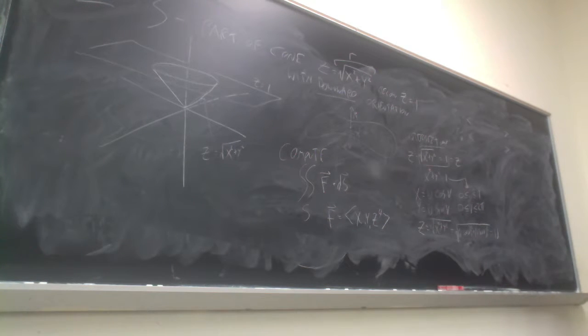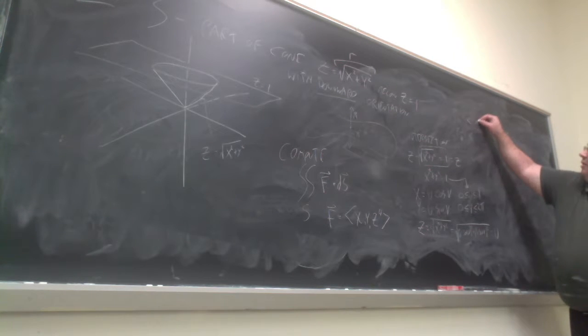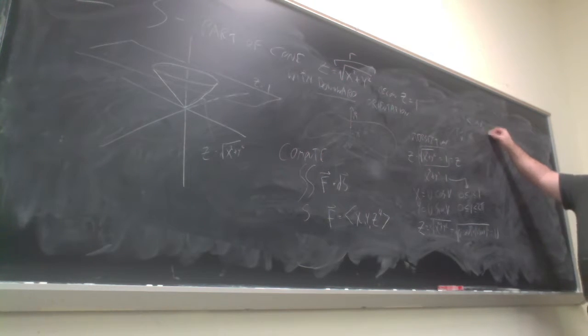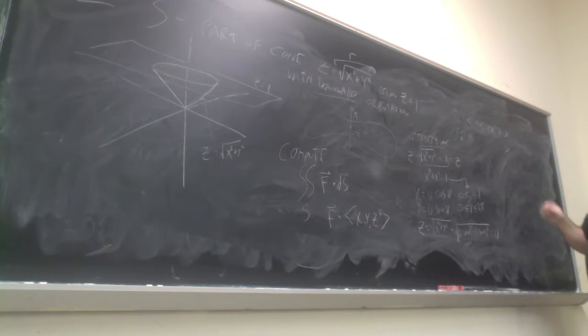So with respect to u, what do we get? Cosine v, sine v, and 1. Okay, and then with respect to v?